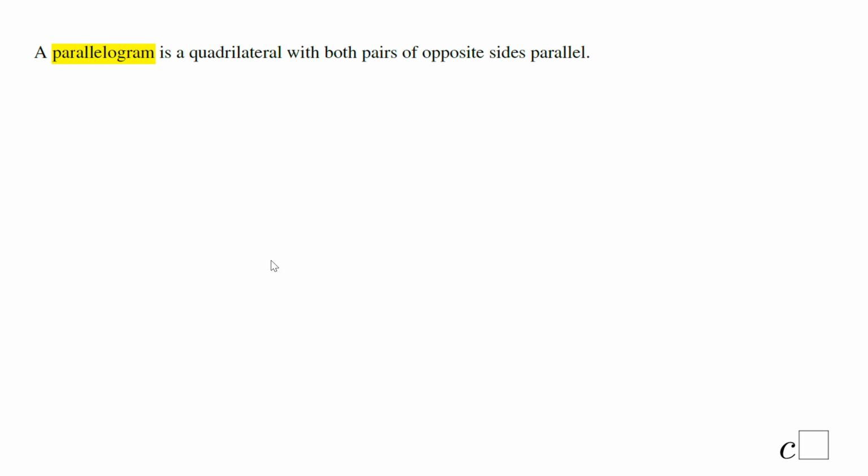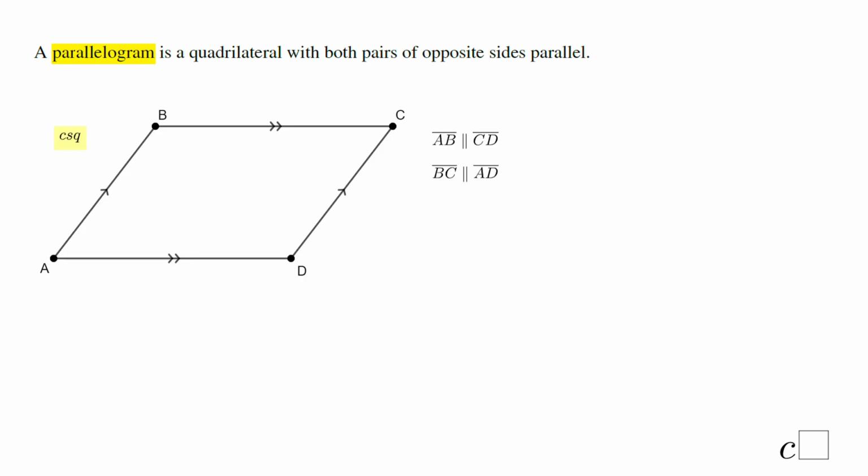In this lesson, we'll talk about parallelograms. And you notice here we have a definition which says a parallelogram is a quadrilateral with both pairs of opposite sides parallel. So what do we mean? It's right here.